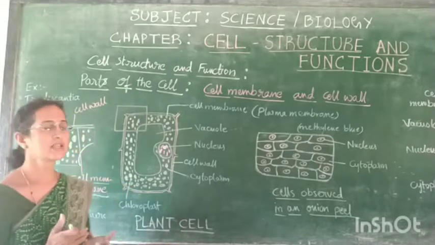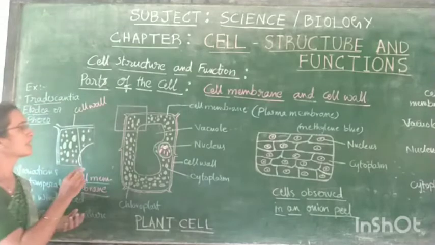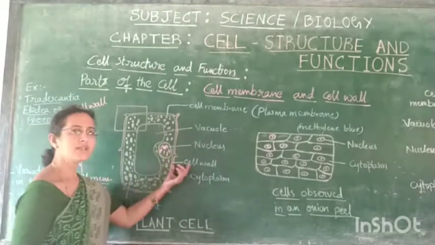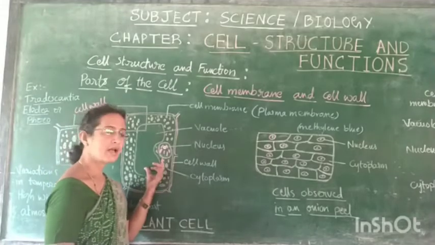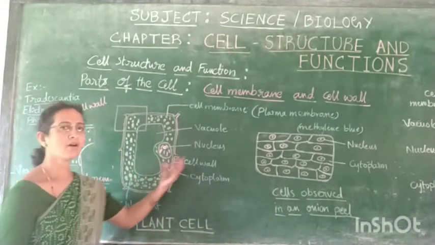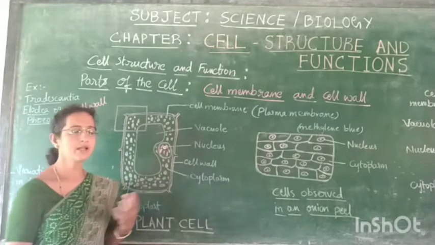So different shapes of the cells are because of the cell membrane. So a cell membrane allows the substances to move inside the plant cell or to go outside the cell, whether it is plant or, later, we study the animal cell.